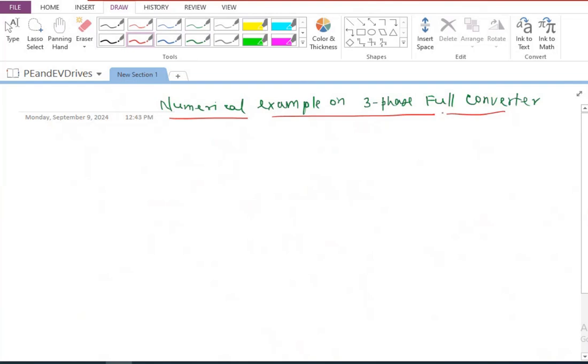Okay, so the problem statement of this three-phase fully controlled converter is like this.